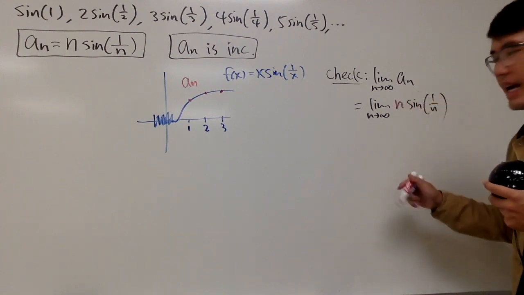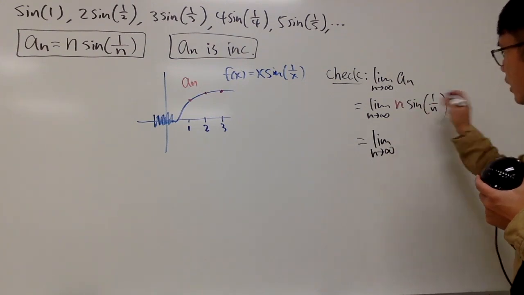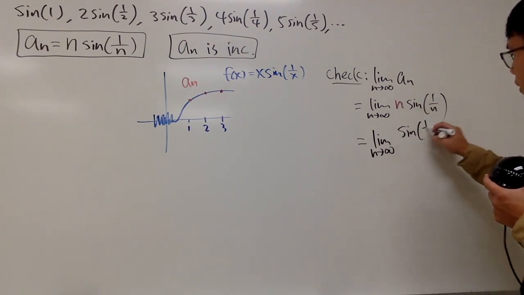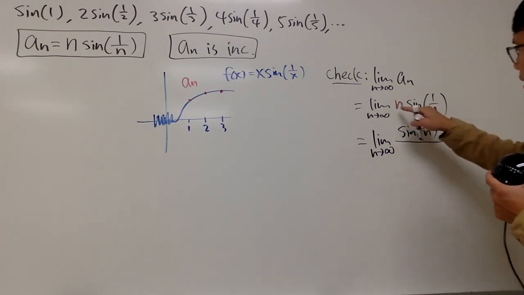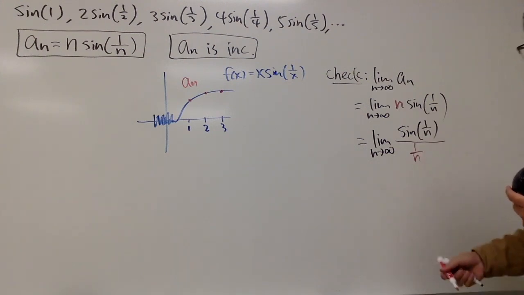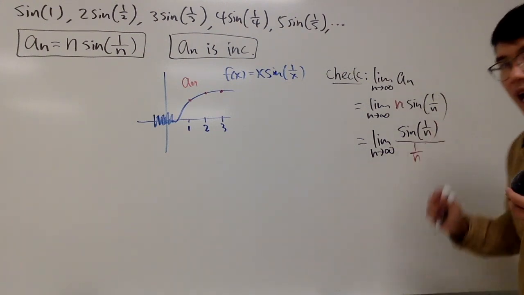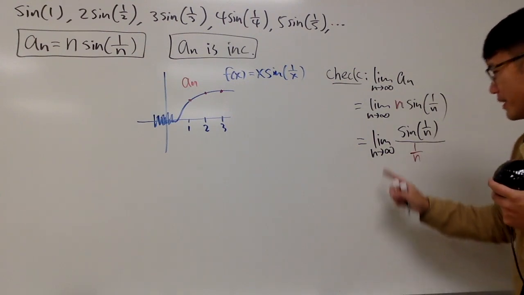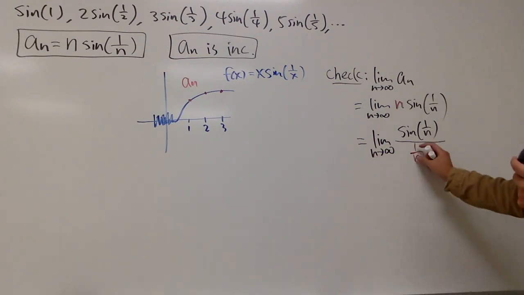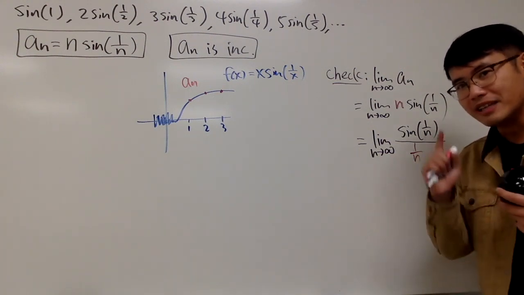down, and we get the limit as n goes to infinity of sin(1/n) divided by 1/n. Notice this and that are the same. That's good, because when n goes to infinity, they both approach 0, so we can quote the limit for this.